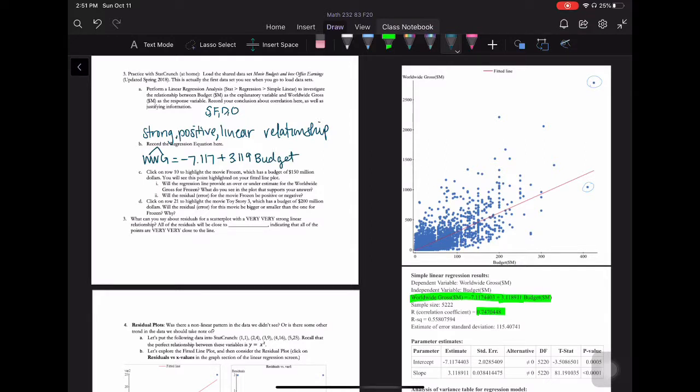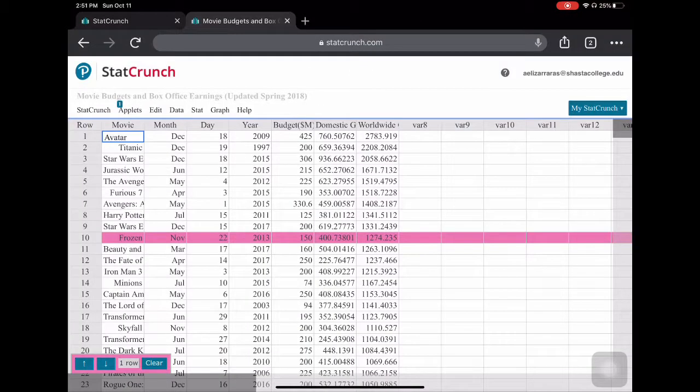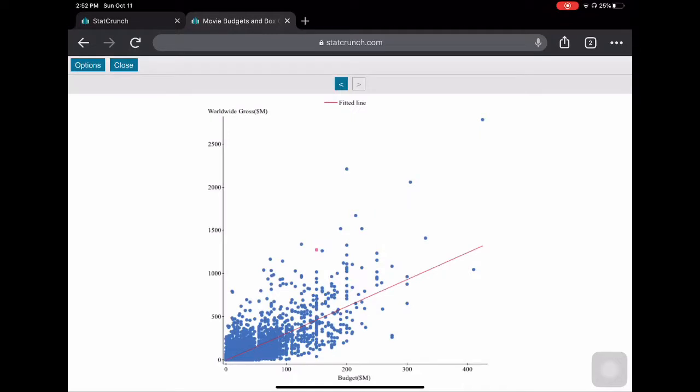Now we're going to click on a scatter plot for the movie Frozen, and we're going to see our information highlighted and answer some questions about that. So when you go back to StatCrunch, I want you to click on Frozen. Now that I have highlighted this, I can actually go back to my chart and look at my data. And notice that the pink point is highlighted for Frozen. That point is above the line that's predicted.